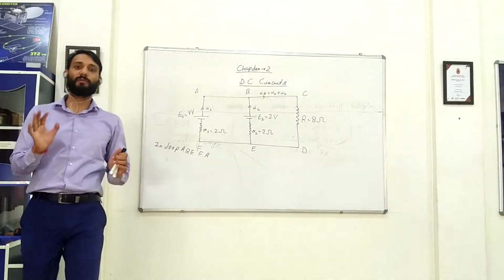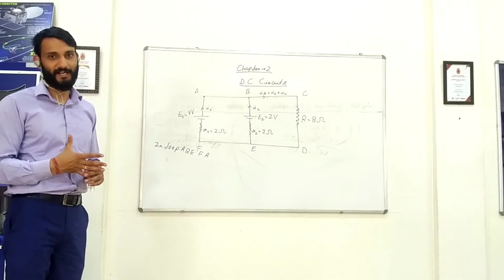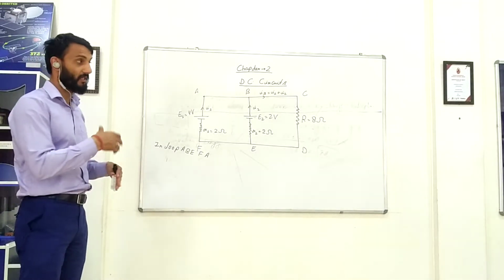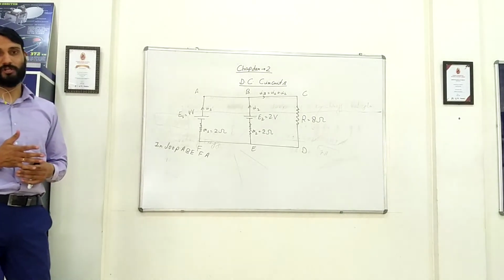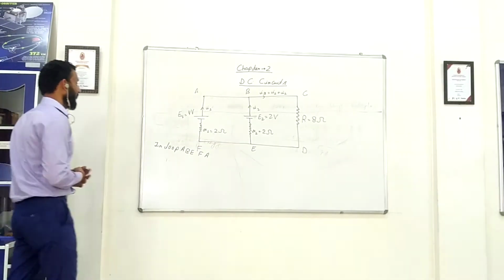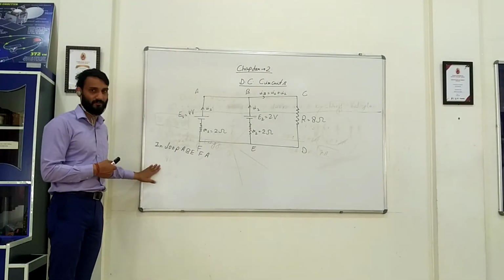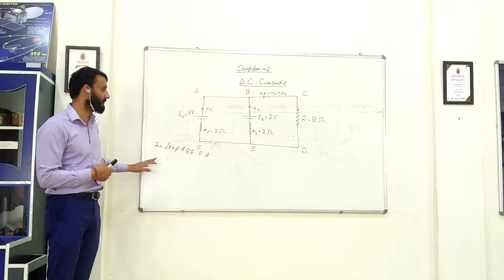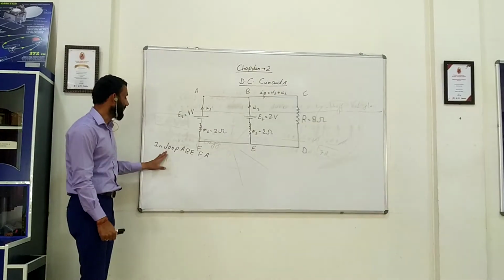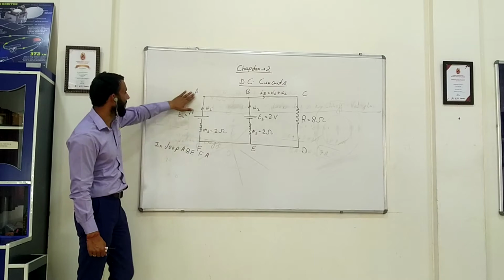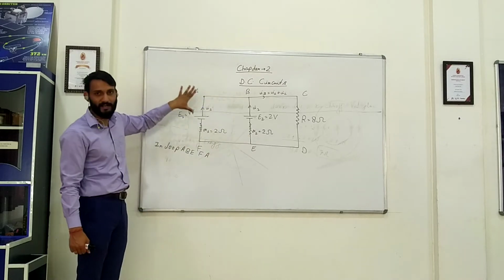I have my own method of solving the question, and in the book it's a different method. I suggest you follow this method only and practice this one only. Do not go by the book's method.